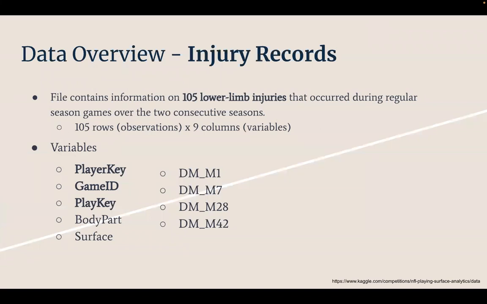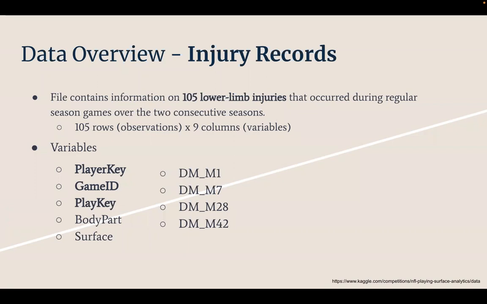The first file that I'm going to be using is called injury records. This file contains information on 105 lower limb injuries that occurred during those 2 regular seasons. There are 105 observations and 9 variables here. The player injuries can be linked to specific records in a player history using those key variables that are bolded: player key, game ID, and play key.